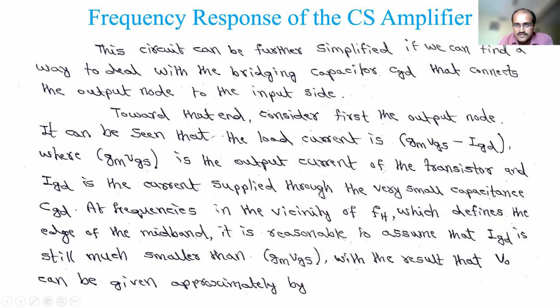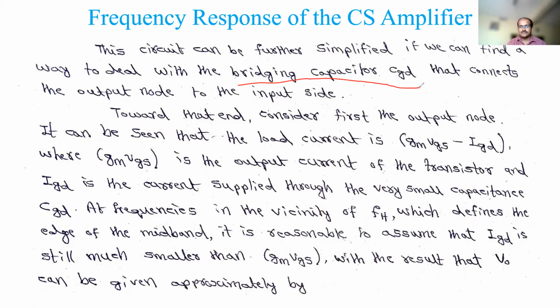This circuit can be further simplified, as I mentioned, if we can find a way to deal with the bridging capacitor CGD that connects the output node to the input side. The further analysis is only possible because of this bridging capacitor, CGD, in between gate and drain. This we'll try to handle.